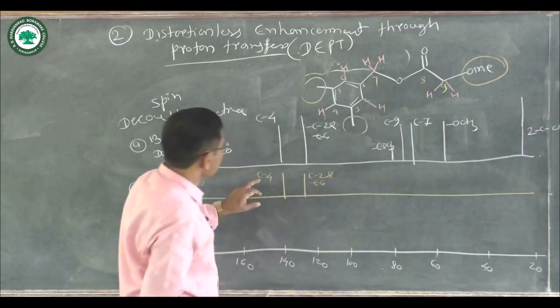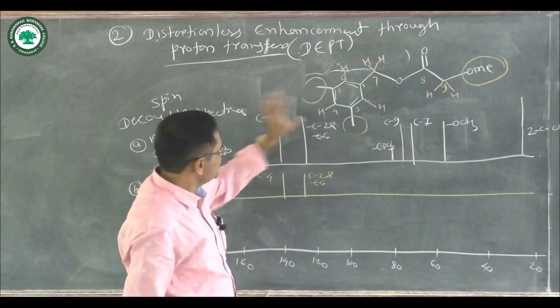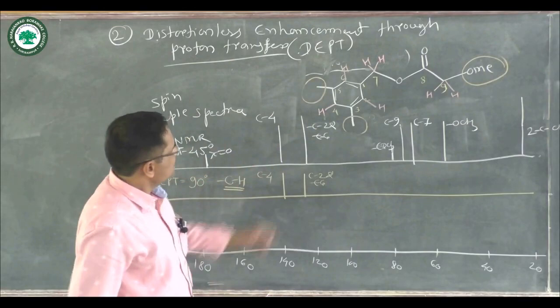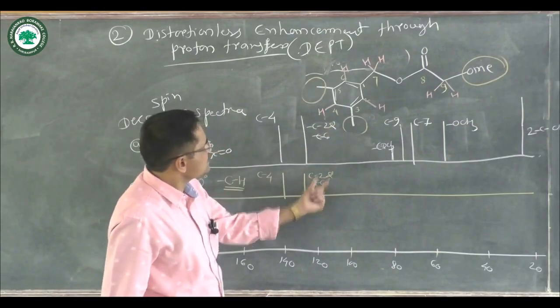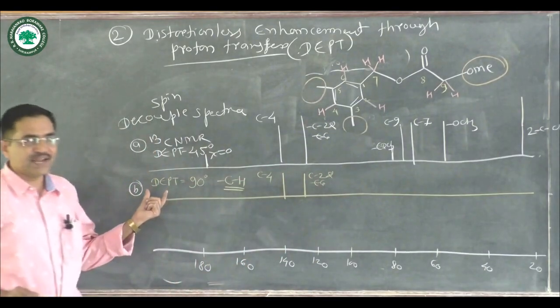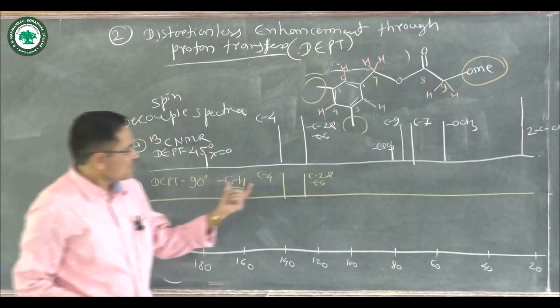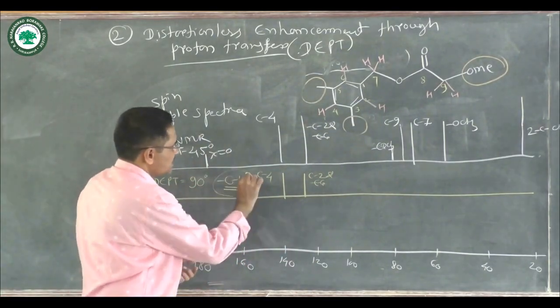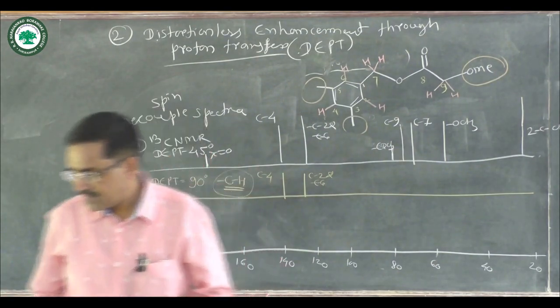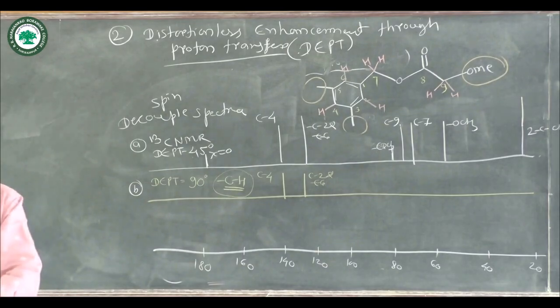C4 is only CH, and here C2 and C6. This DEPT 90 is only for distinguishing the CH protons.